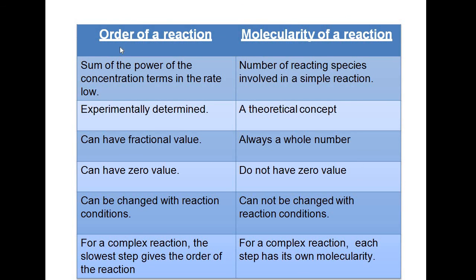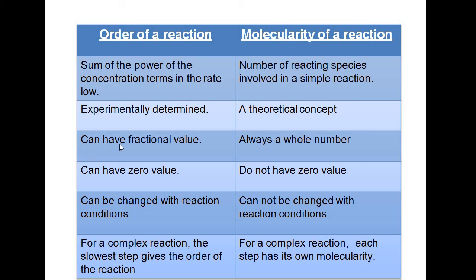Then the difference between order of a reaction and molecularity of a reaction. Order of reaction is the sum of the powers of concentration terms in the rate law. Molecularity of a reaction equals the number of reacting species involved in a simple reaction. Order of reaction can be experimentally determined, and molecularity is a theoretical concept.